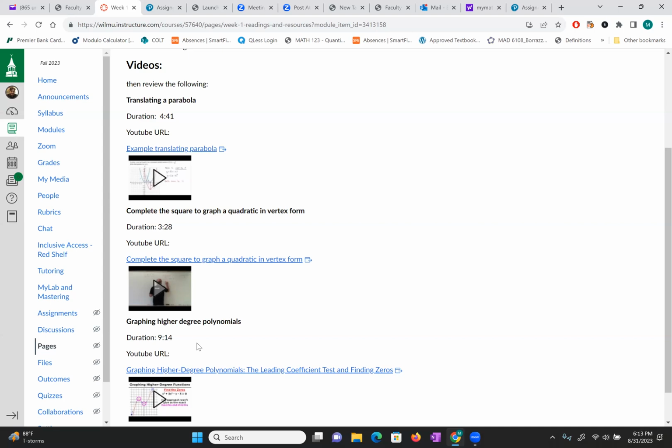It's basically slope and equations of lines. All the prerequisite information here. We're looking at translating a parabola. Some of the basics. So based on this, it looks like we're just doing the first area, the first type.